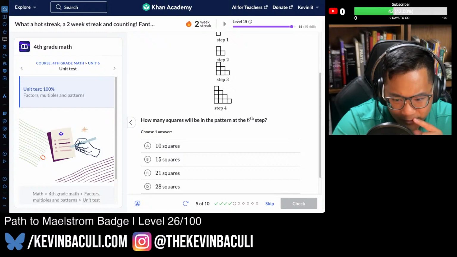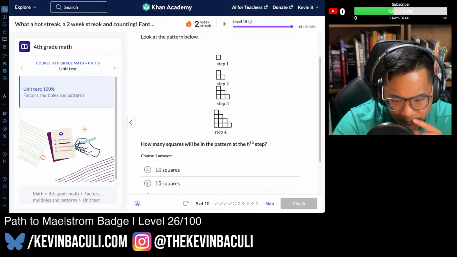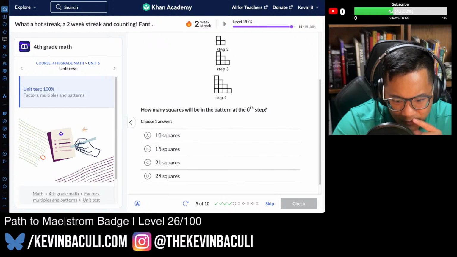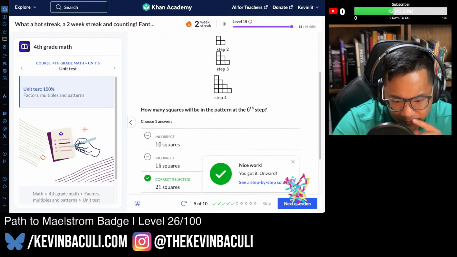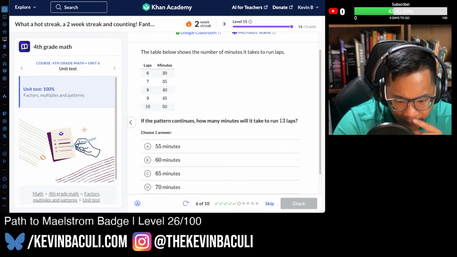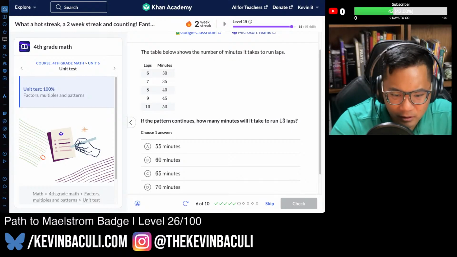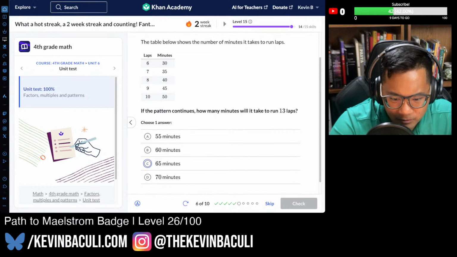How many squares will be the sixth step? Plus 5. Plus 6. 16? No. 15. 21. If a pattern continues, how many minutes will it take to run 13 laps? Just did this one.